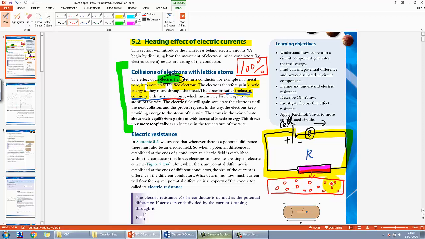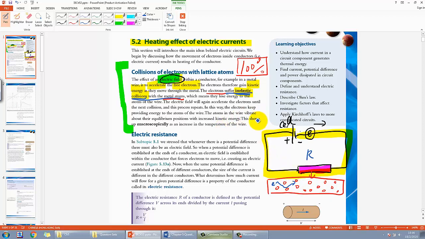Actually, they should form very regularly, but I'm just trying to draw them in this random diagram. So when the electron tries to go through them, there must be a chance that the electron will collide with an atom, as if you strike a ball through these obstacles, the ball may hit an obstacle and transfer the energy to this so-called obstacle, which is the atom of the wire itself.